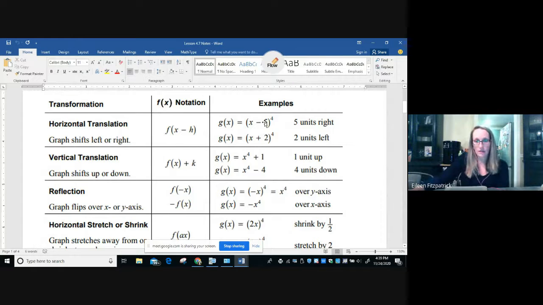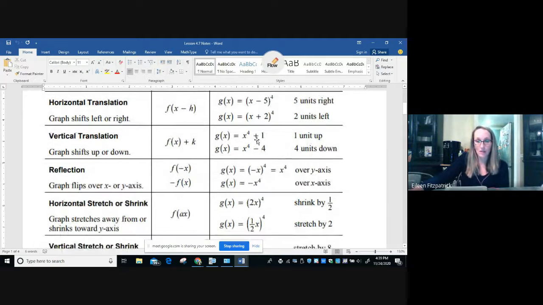If you think about our quadratic functions, a times the quantity x minus h squared plus k, we know the h, the k, the a, what they do to the function, moving it right, left, up, down, horizontal stretch, flipping it, all the same things here. All right, so minus 5 inside the parentheses is 5 units right, plus 2 inside the parentheses is 2 units left. Outside the parentheses, that's your k value, moves up 1, moves down 4.